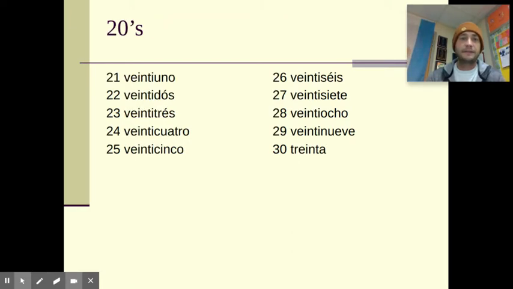Moving on. Here are the 20s. Once again, here are these numbers, the 20s, 21 through 29. They are contractions. It's a combination of the number 20, the word y, which means and, and then the singles digit. And so these are here because through memorization, you need to know these because these don't function as the numbers that you're going to see coming up soon.